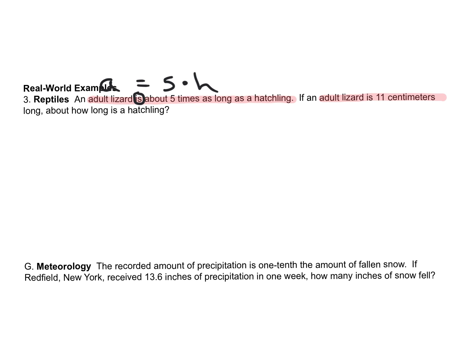So I see that word is again. I know equals. I see my adult lizard and I know it's equal to 11. The question I also see is how long is a hatchling? This is my unknown, so that is the variable that I'm going to use, which is H. So to set up an equation for this, not just solving, set up the equation.